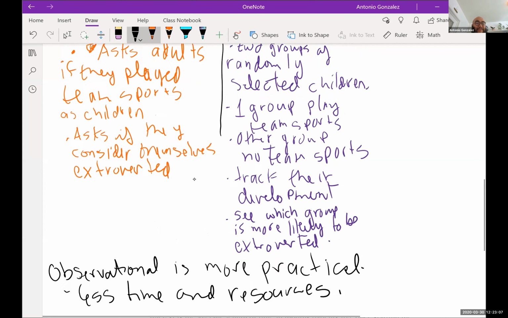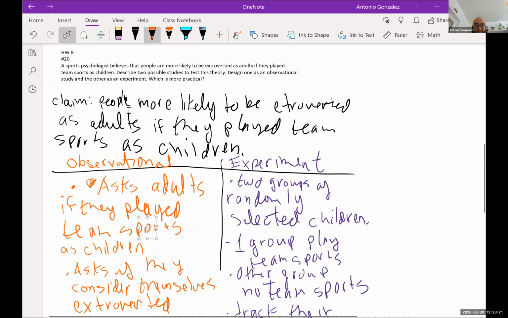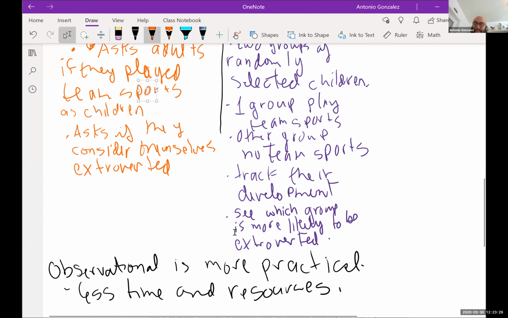The claim again was from the problem. People are more likely to be extroverted as adults if they play team sports as children. Okay, so let's, any questions on this problem here?